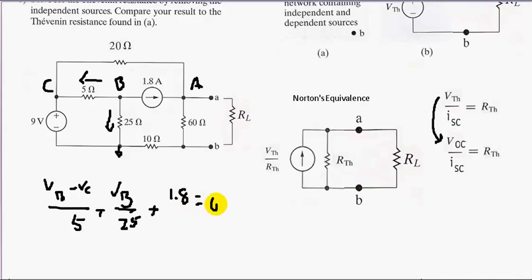It's equal to how many currents going in? 0, using Kirchhoff's current law. All the currents going in is equal to the currents going out. We see that VC is 9 volts.